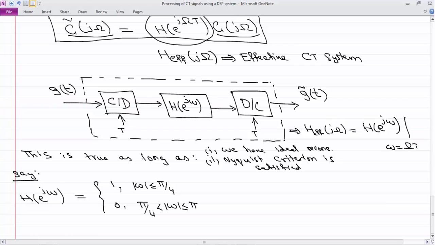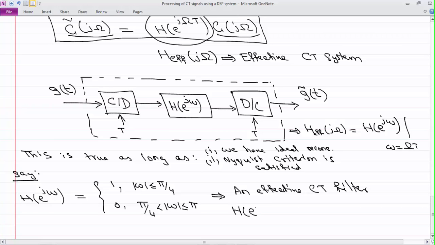So if in this block diagram I had this low pass filter, and we had an ideal reconstruction filter and the Nyquist criterion, then effectively in continuous time we will have a continuous time filter whose frequency response will be H effective of j omega equals, so what is the only effect that we are having?